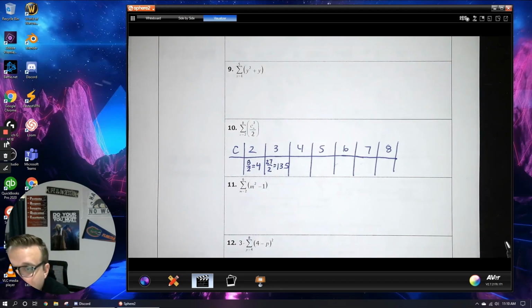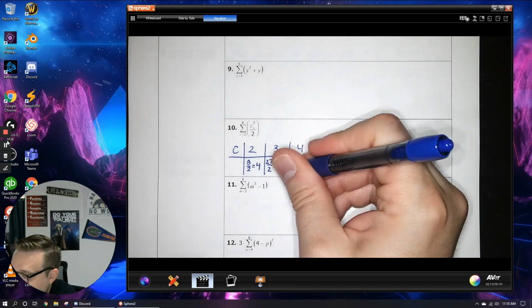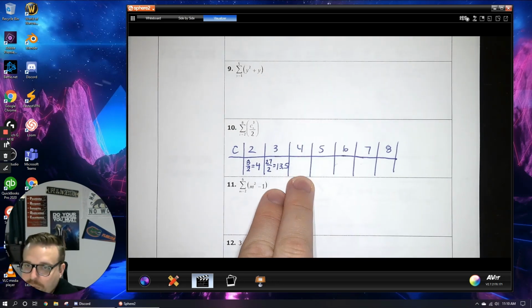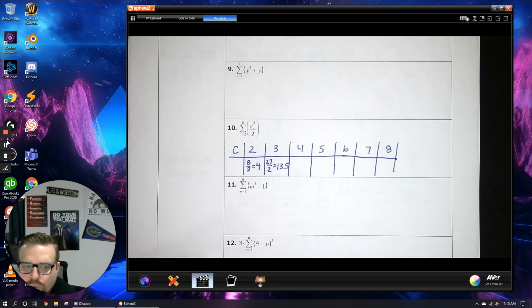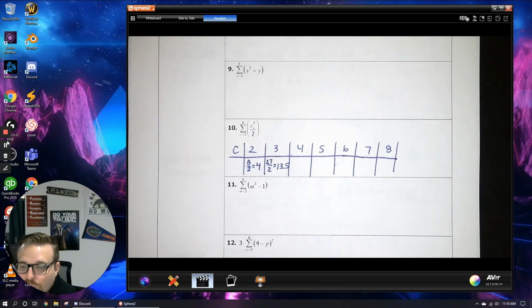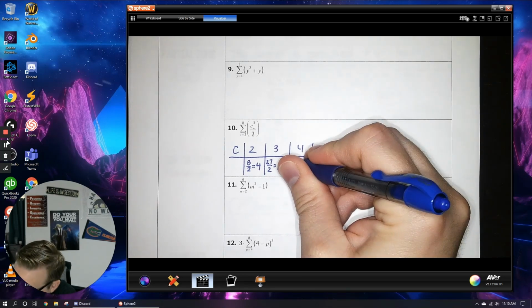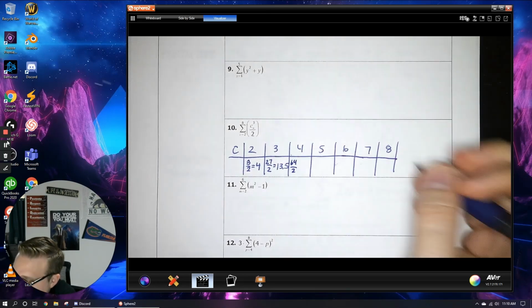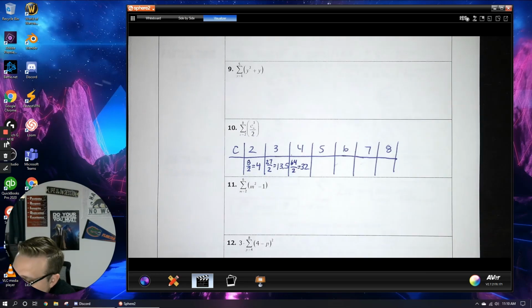I'm doing that because as you go through this, you might figure out that 2 of them have a 0.5 and therefore make a whole number. Does that make sense? So your answer might end up not having a decimal attached to it. Okay, so 4 cubed gives us 64, and then we take 64 and divide that by 2, which is 32.